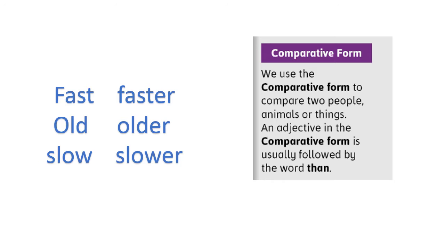An adjective in the comparative form is usually followed by the word than. As we say, the rabbit is faster than the turtle.